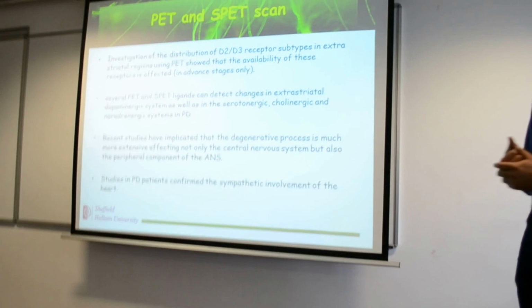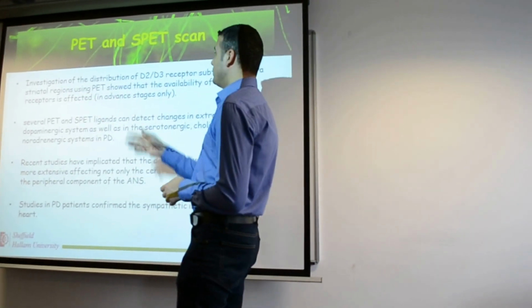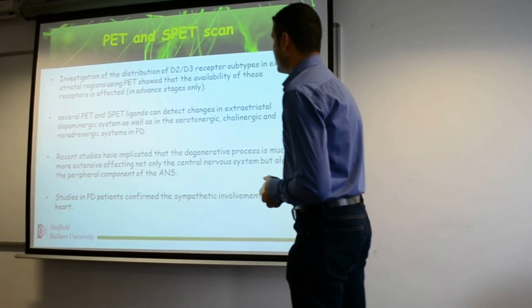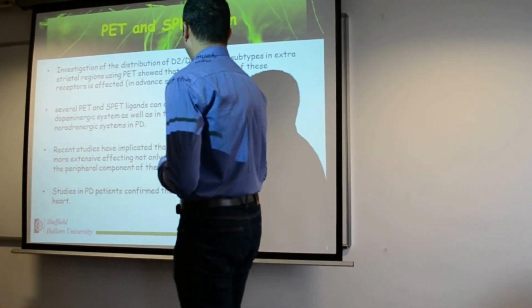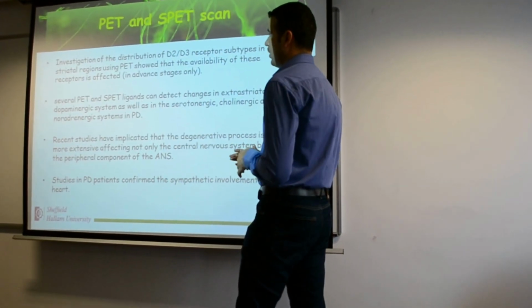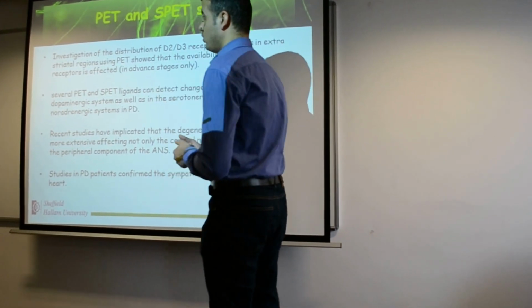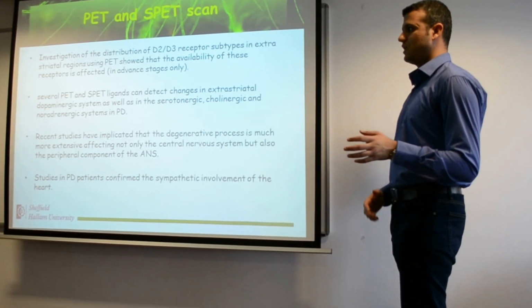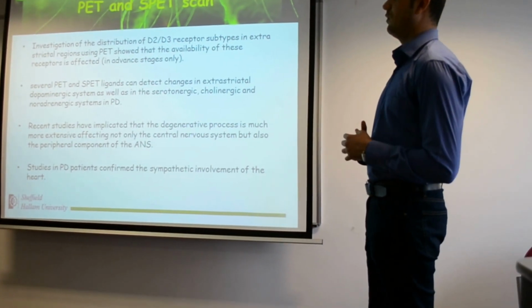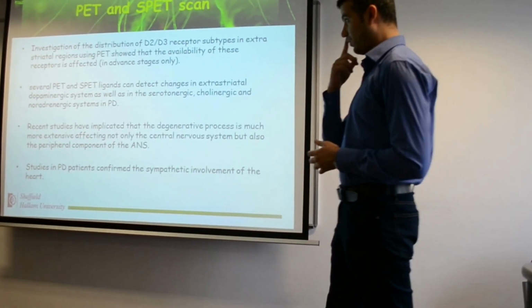They can also measure the distribution of dopaminergic receptors outside this nigrostriatal region. But this was shown only in the advanced stage, not in the early stage. In the early stage, we will not see a high level of damage to these receptors.